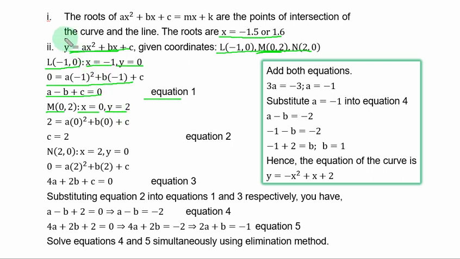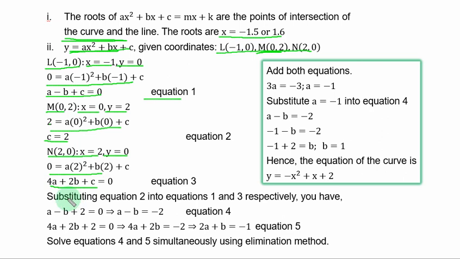If you replace the two values in this equation, you have it in this form. And as I said earlier, c is equal to 2. The third coordinate, when s equal to 2, y is equal to 0. If you replace the two values in this equation, you have this, and that is this.